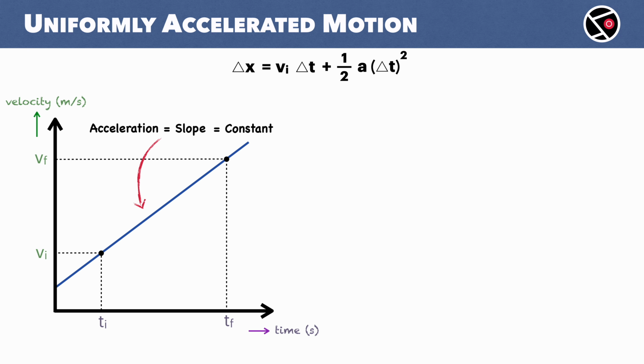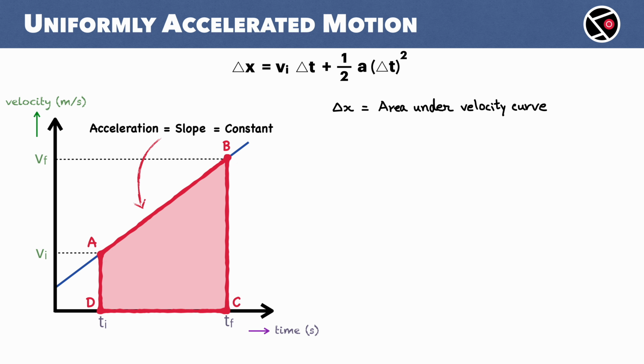On this plot, for change in velocity Vi to Vf, the displacement delta x is the area under the velocity plot. We can divide this area into two sections. We get a triangle and a rectangle.